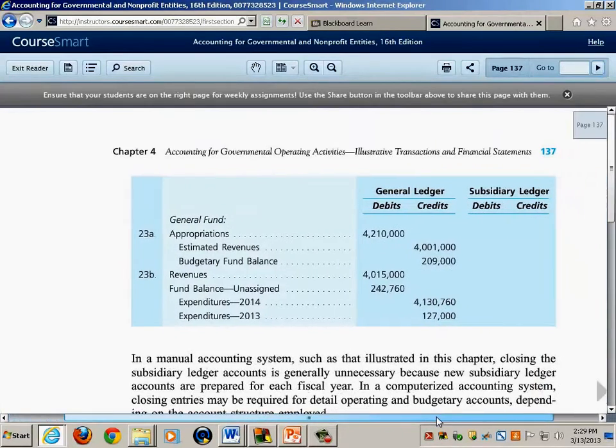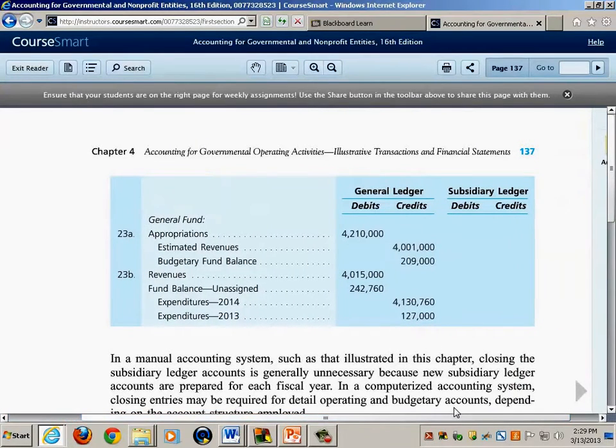All right, let's take a look at the closing entries. All right, first I want you to look at 23A, that journal entry. What do you see there? Do you see something? Forget about the amounts for a moment.